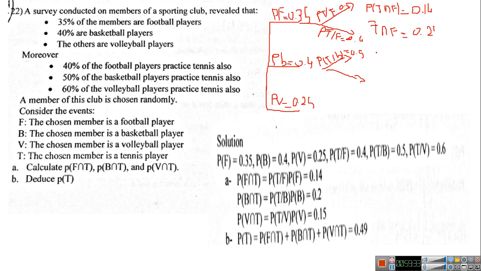So tennis and basket is 0.2, and here T bar knowing basket is 0.5. So tennis bar and basket is 0.2 also.